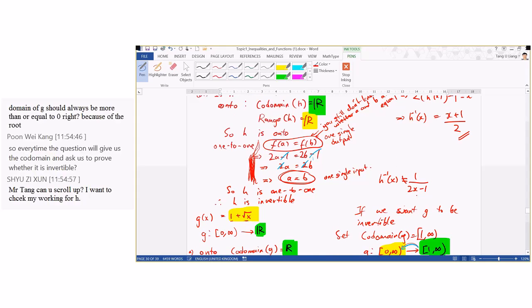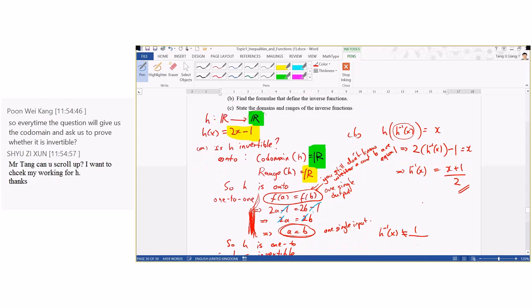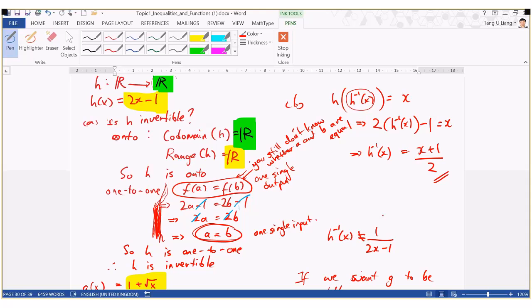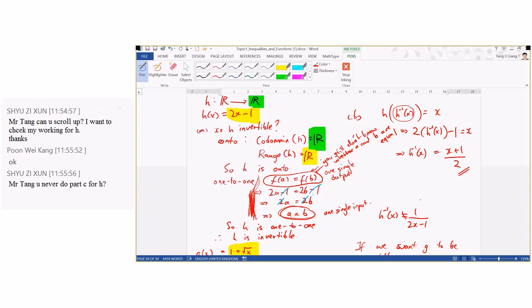I guess the main point I want to emphasize, okay guys, is that G compose F. Yeah, that's right.